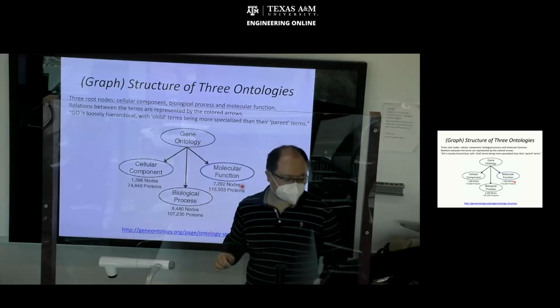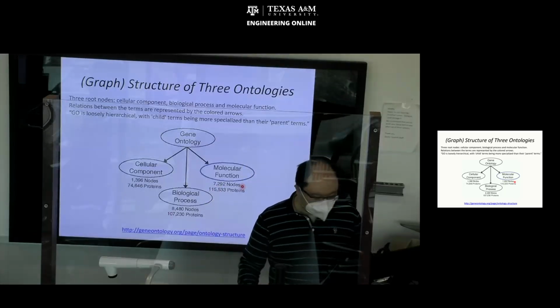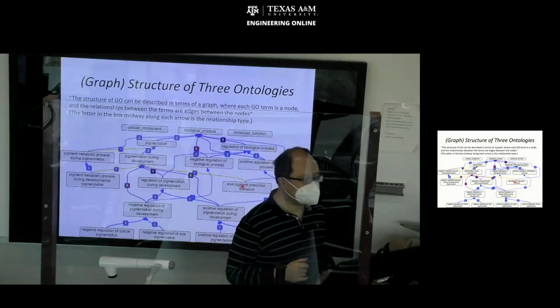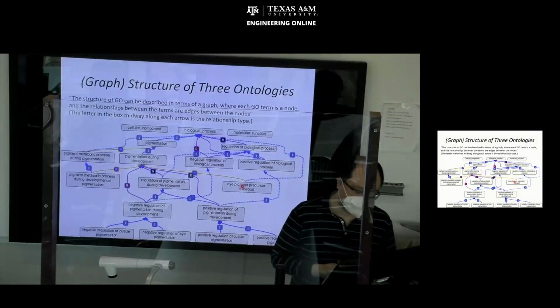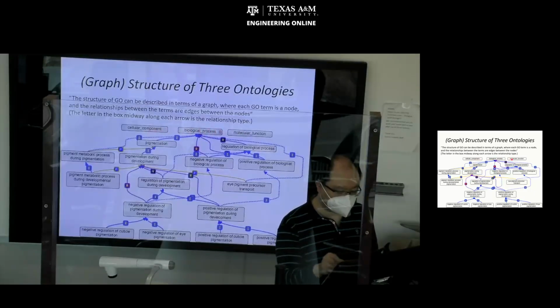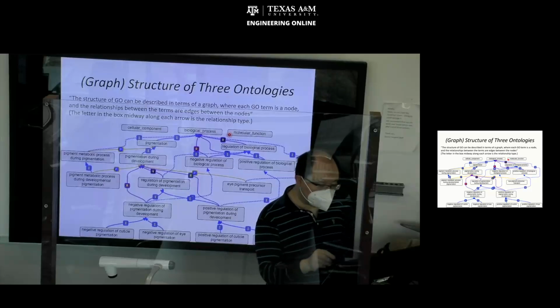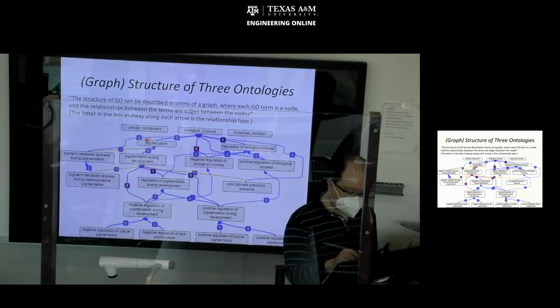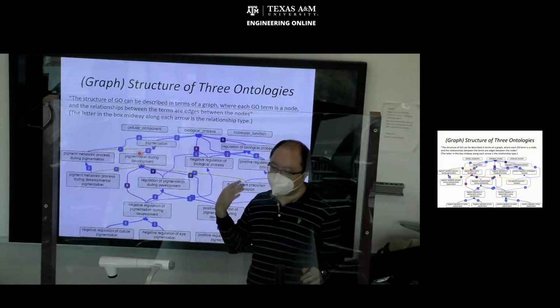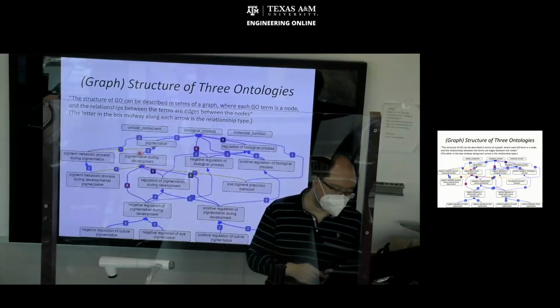For instance, this is a simple illustration. We focus on the biological process rather than the other two. Let's start with the biological process. We see that there are a lot of nodes and a lot of arcs or edges, so there are actually many different kinds of relationships.